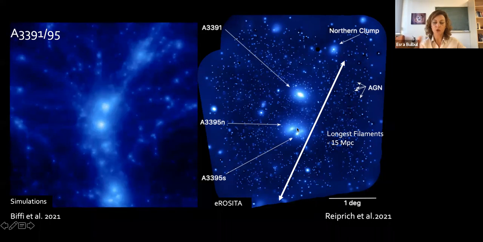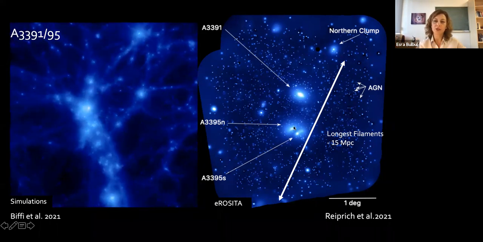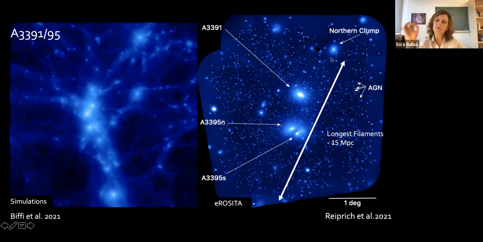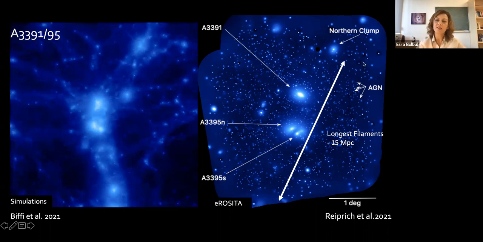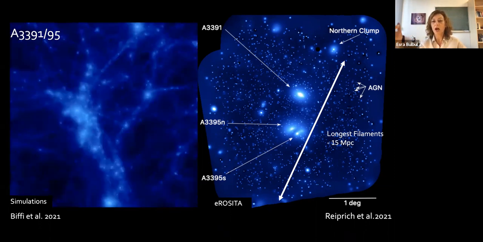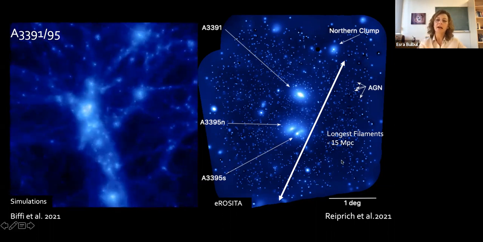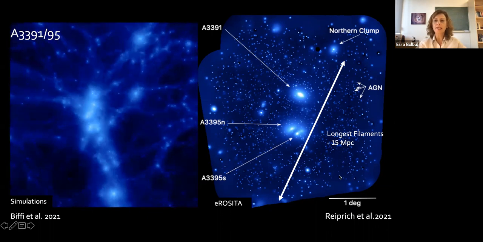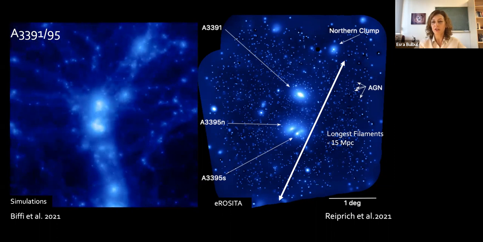These are already merging, and this one is falling on top of this structure. And in the surface brightness excess, we have detected this 15 megaparsec long filament for the first time with very high significance, about 11 sigma. And this is the longest filament known, and that clearly shows the ability of mapping large-scale structure with eROSITA.